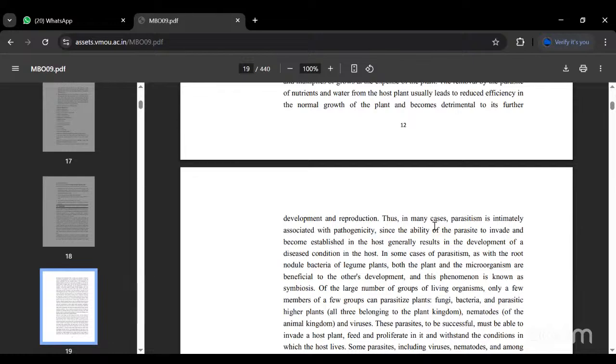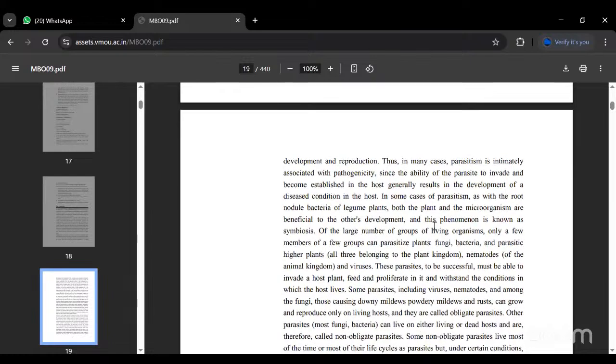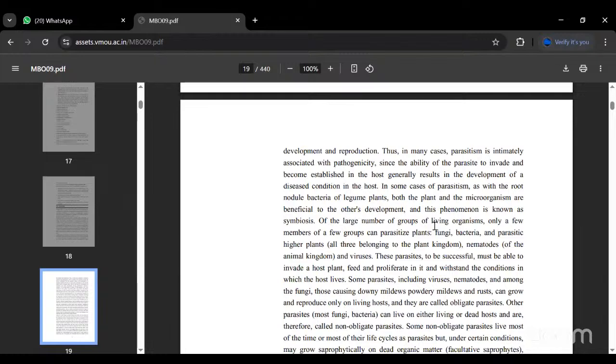Only a few groups of living organisms show parasitism: plants, fungi, bacteria, and animals, and higher plants, although few are causing diseases.